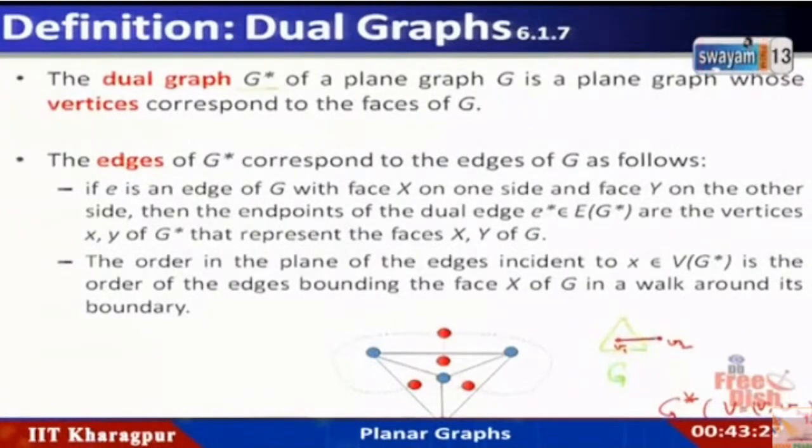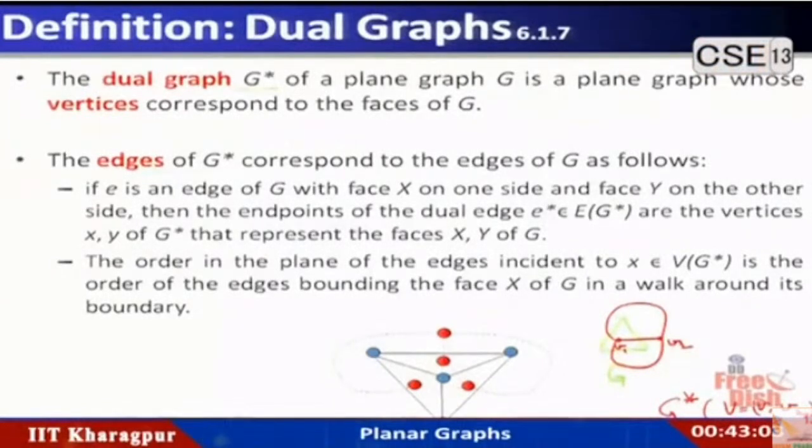So this edge we have to place between V1 and V2, which will cut through this particular side of a face. Now there is another side of a face and there is an edge, so we have to draw another edge around that, and the third edge.